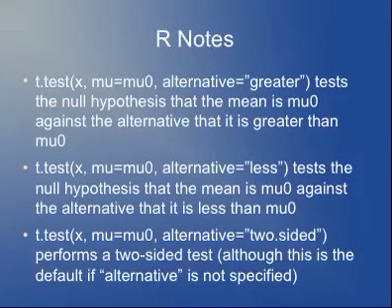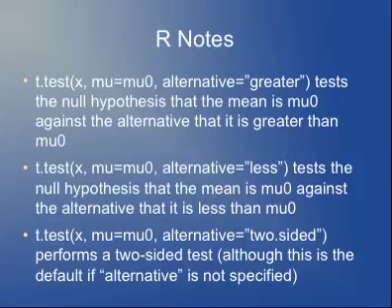So this is a quick reference slide that you can look at when you're working with data, as in the homework, figuring out how to specify if you're testing using one-sided or two-sided tests. If your alternative hypothesis is that mu is actually greater than your specified value, then you just plug in alternative equals greater.